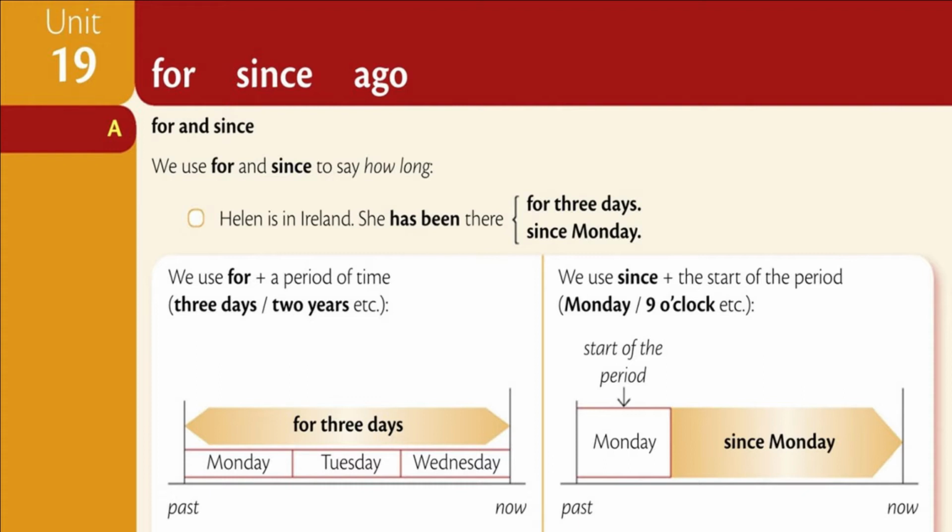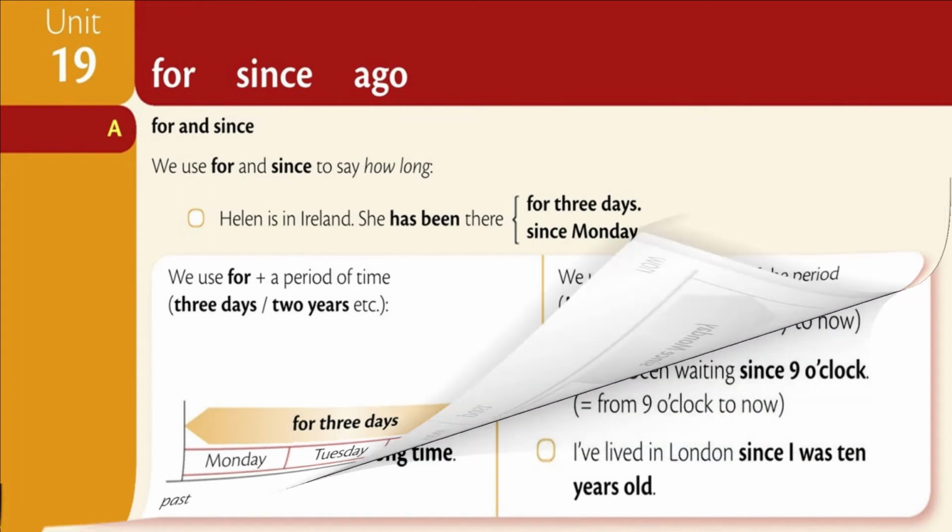We use for plus a period of time. For example, 3 days, 2 years, etc. We use since plus the start of the period. For example, Monday, 9 o'clock, etc. You can see the timeline as well.